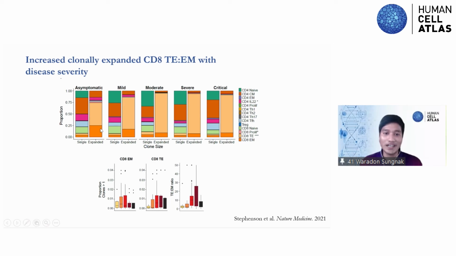On the flip side, having more effector memory cells is associated with asymptomatic donors. And this could have implications on memory responses for the patients who have initial disease severity from the beginning.